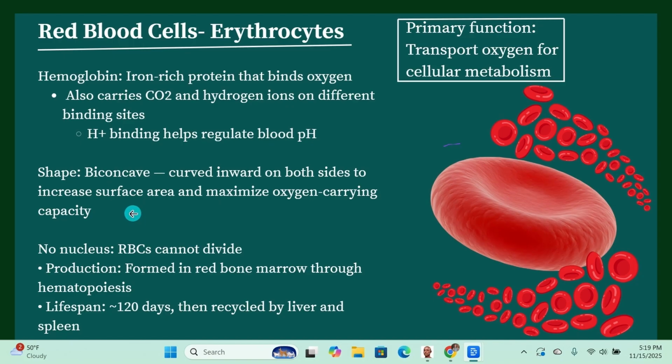Now, red blood cells have no nucleus, and that means they cannot divide. They are produced in the red bone marrow through hematopoiesis, but we don't need to know the details about how hematopoiesis happens. Just know that that is the word for it. And then its lifespan is about 120 days, which is a nice long time. Then it gets recycled by the liver and the spleen.